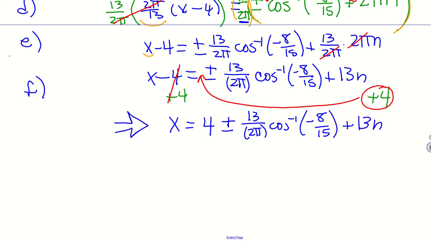This expression actually gives me 2 different answers for x. I'm going to break that up.